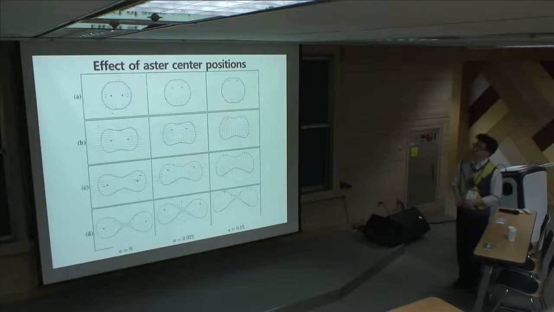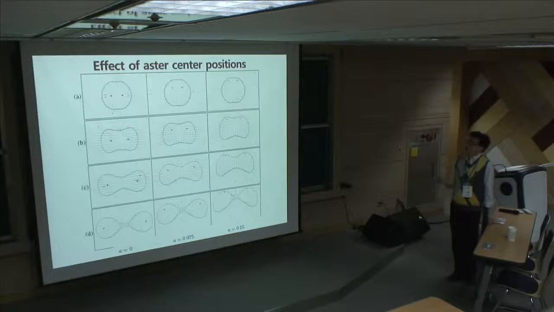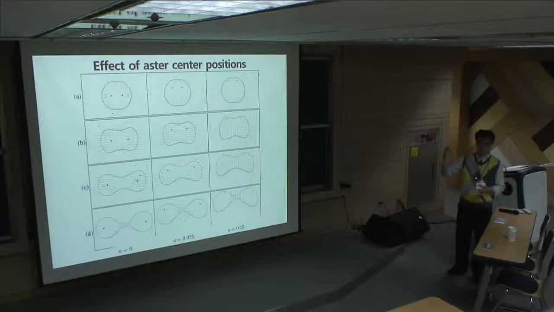And then those are the results from the effect of the aster center positions. We put them symmetrically, so we have a similar result to the axisymmetric case. By the way, this is the 3D, so for better visualization, we just cut a slice and see the middle part.